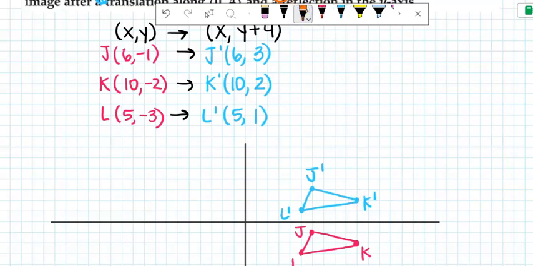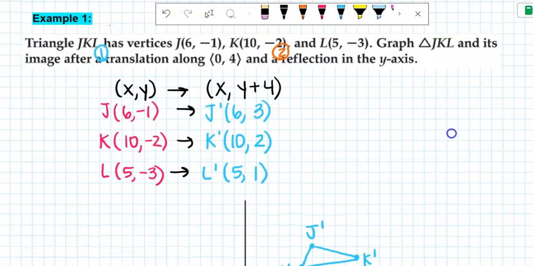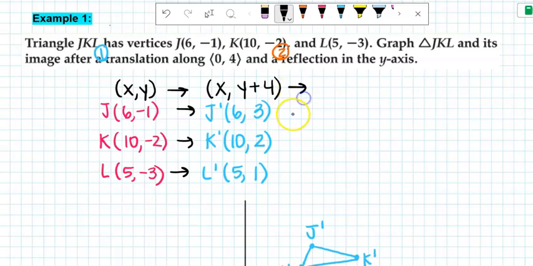Okay, and then our next part would be to reflect in the y-axis. Okay, this is a point where a lot of people make a mistake. So we are doing 2 transformations, but we're not doing both transformations to the starting object, our pre-image.